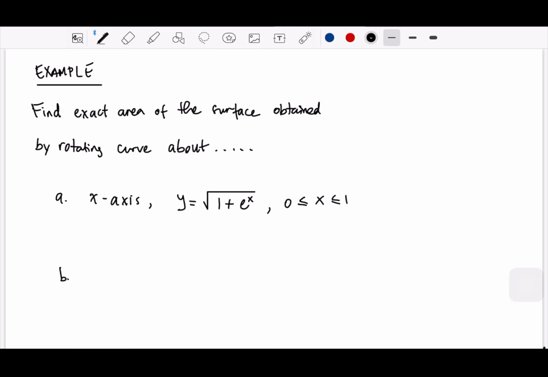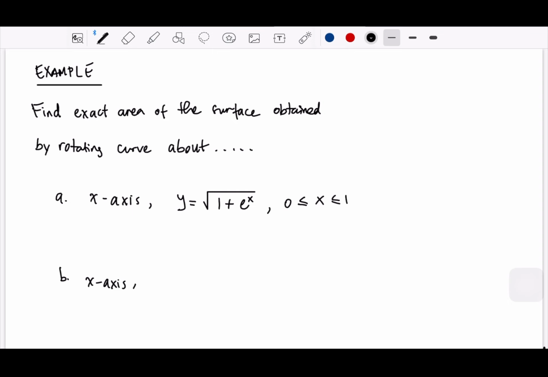The second one is rotating about the y-axis. Or maybe the same x-axis. Let me write 3 examples.